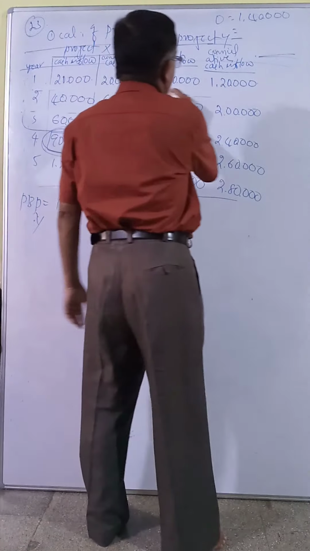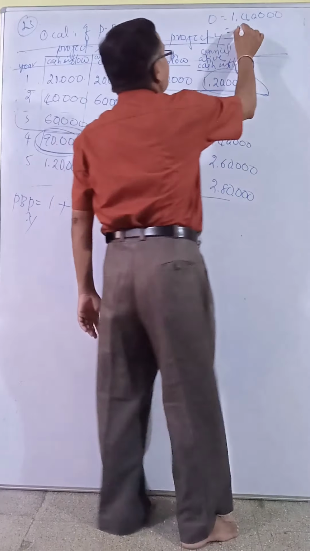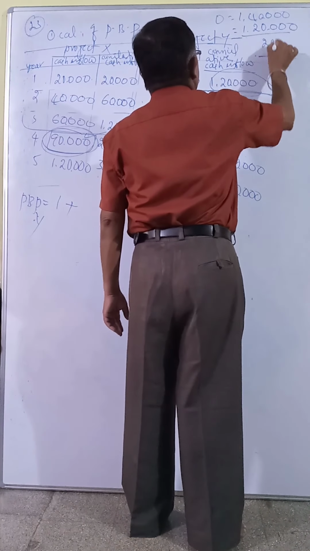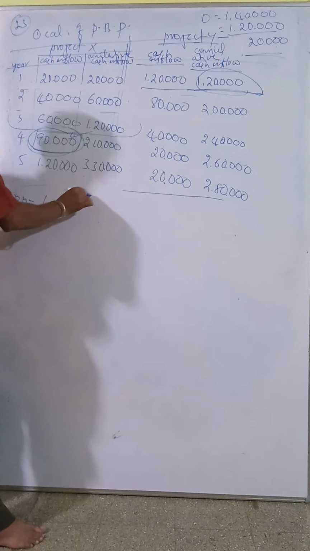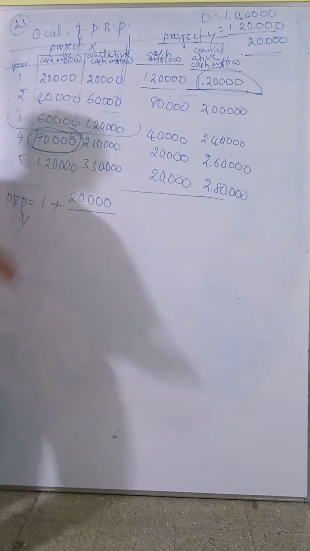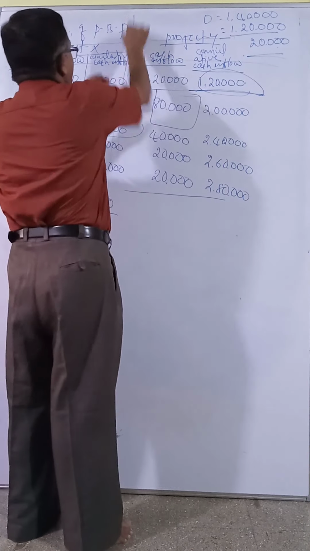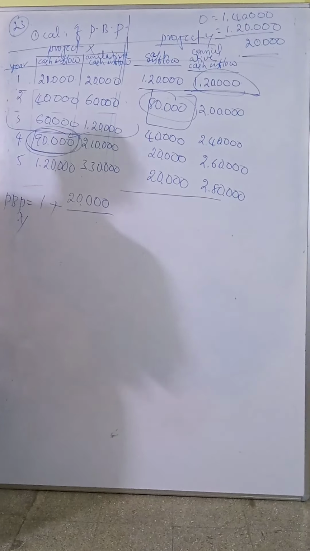This is the required cash flow out of 1,40,000. We recovered 1,20,000, so deduct it. The remaining balance is 20,000. So 1 plus the required cash of 20,000 divided by the cash inflow for the next year, not this project but project Y, which is 80,000.